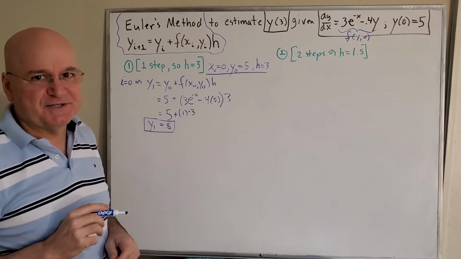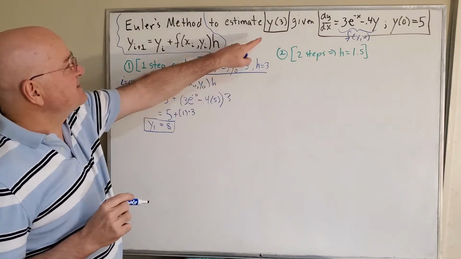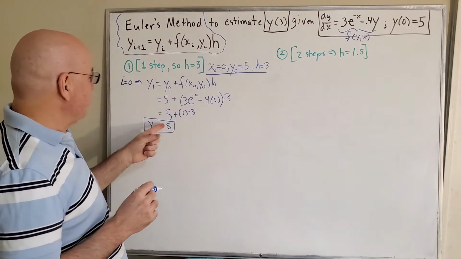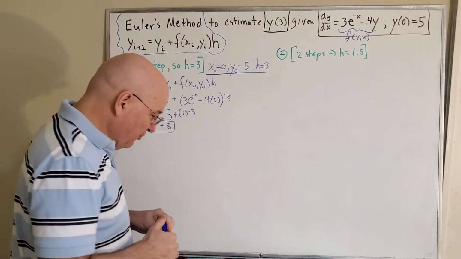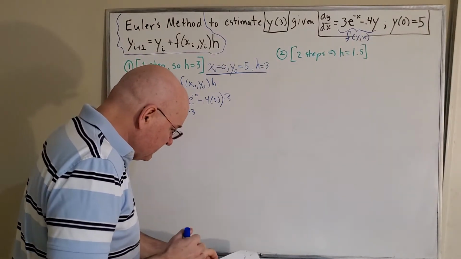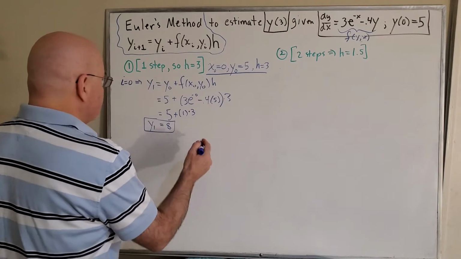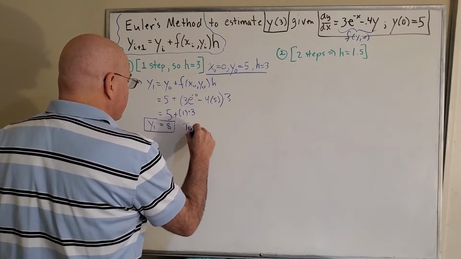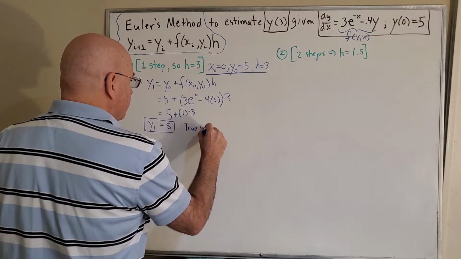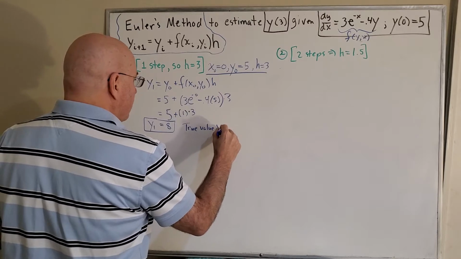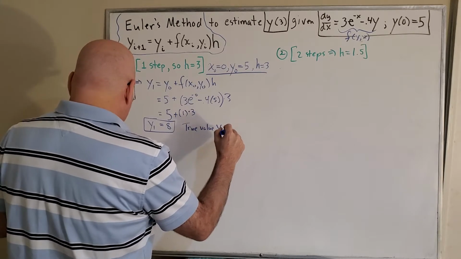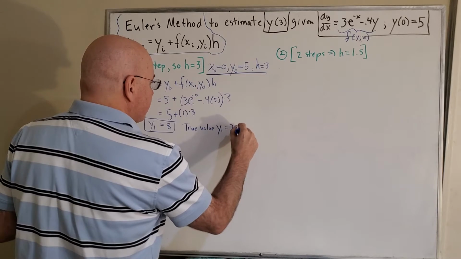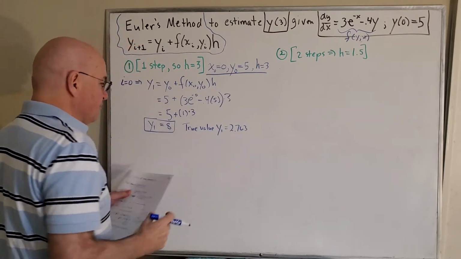That's our approximation. Our approximation of this function y at time 3 is 8, and that's a poor estimate because the true value is 2.763.